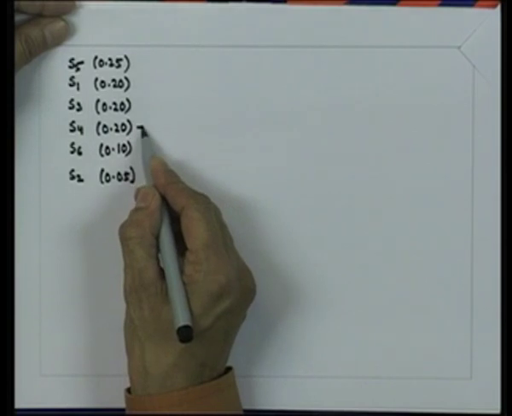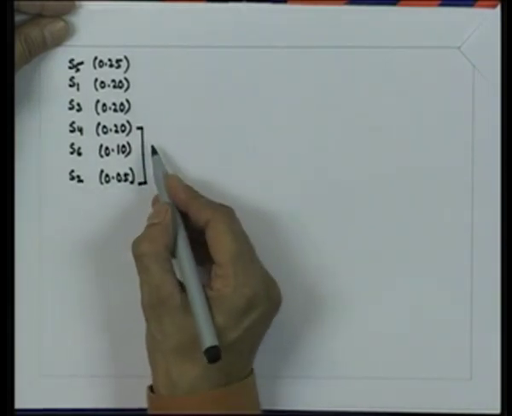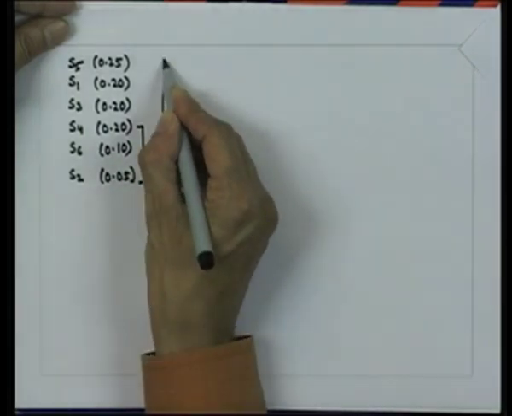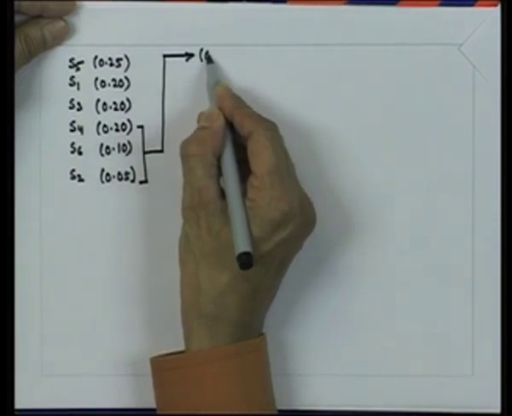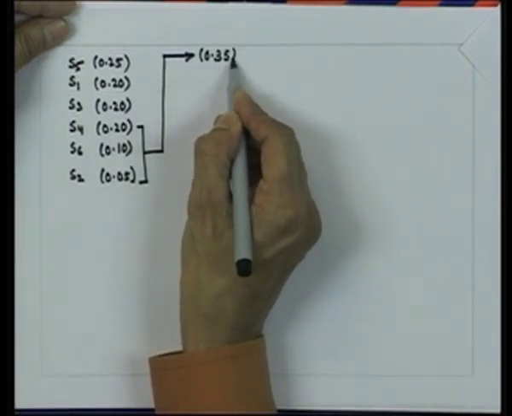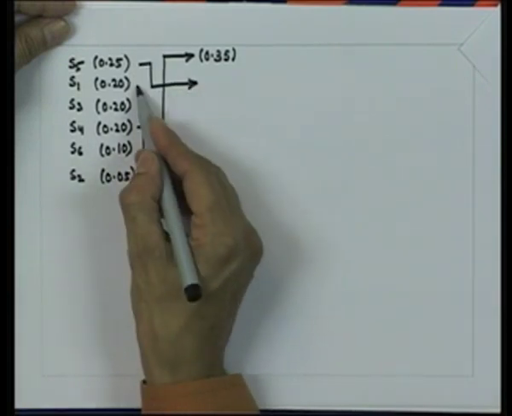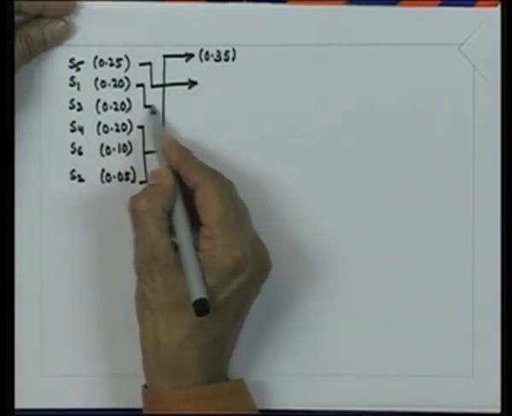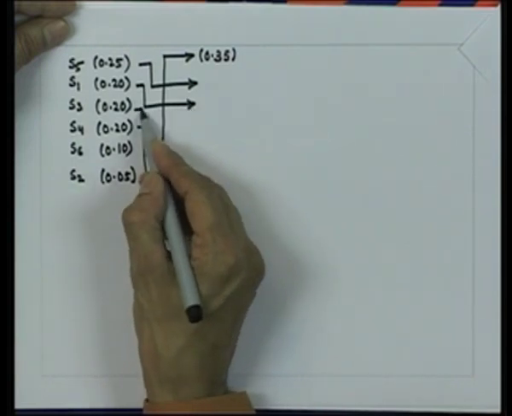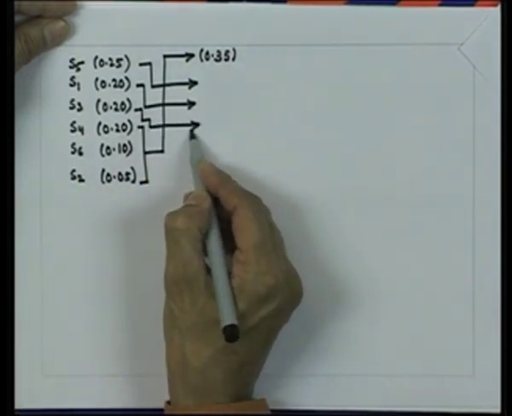So, initially I combine 3 symbols, I get a new source symbol, I place it here, I just indicate the new probabilities, then I place it here.